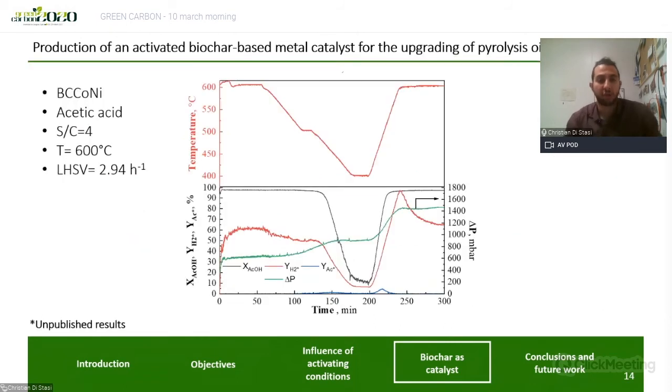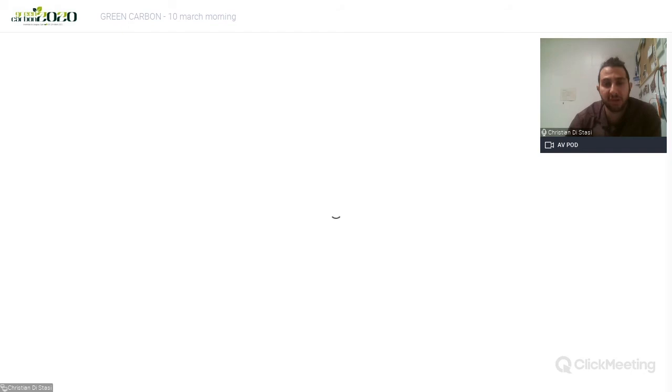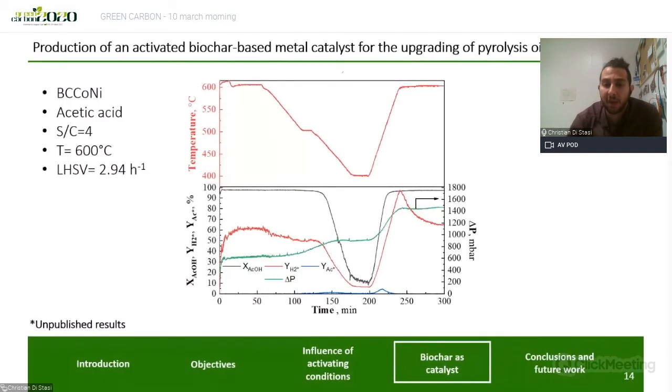We also tried to perform a stability stress test. What we did was change the temperature during the reaction. As you can see in the first part of the plots, the temperature was stable at 600 degrees C, and then we cooled down the reactor to 400 degrees C and heated it up again. The conversion reached after the heating step was exactly the same value, which is good.